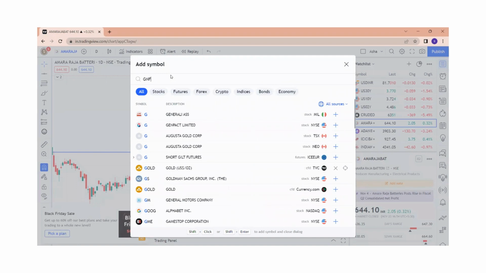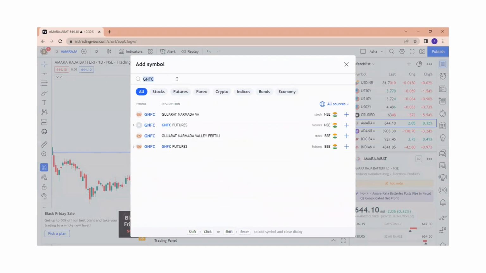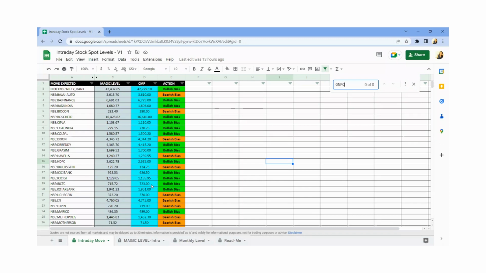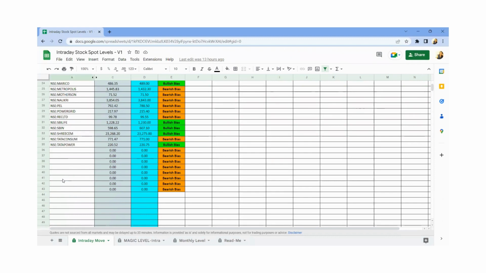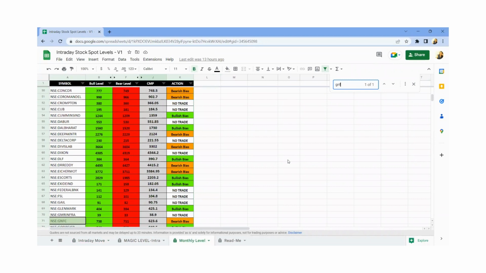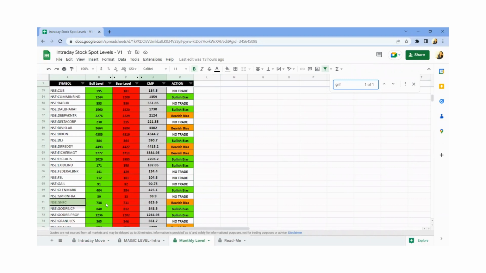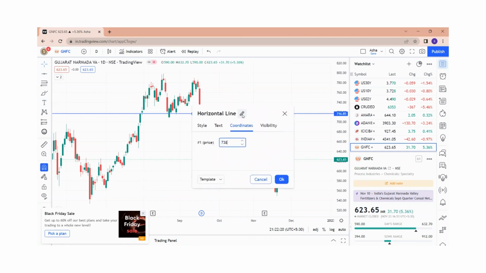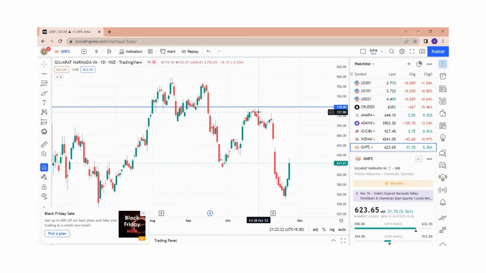Let's go to GNFC. If you look at GNFC here, it is much below the bearish levels also. It means 738. The level from which GNFC fell is 738.